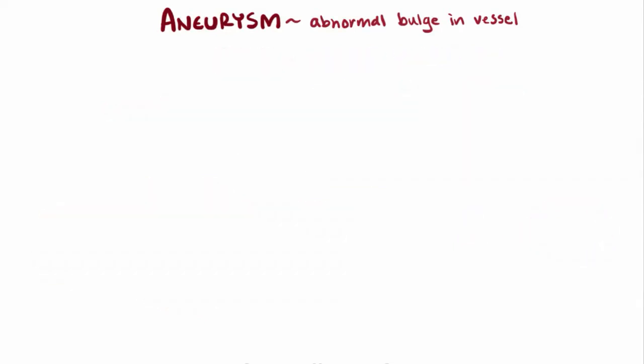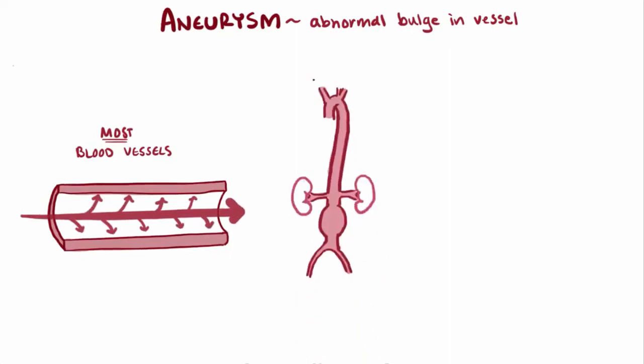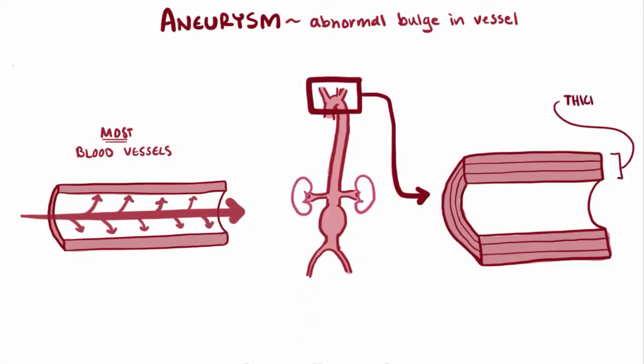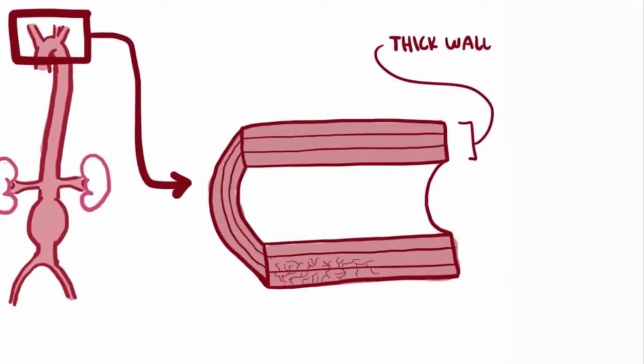Well, one way is if all the layers of those blood vessel walls don't receive oxygen. Typically, the cells of the vessel walls are able to get oxygen from blood as it flows by. But in the first section of the aorta, where the walls are super thick and muscular in order to handle all that blood pressure coming from the heart, they need to have their own set of blood vessels that supply the tunica media and the tunica externa.